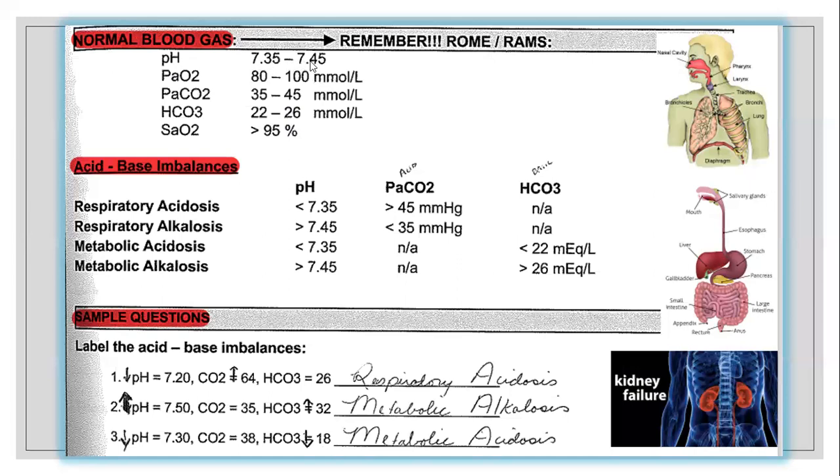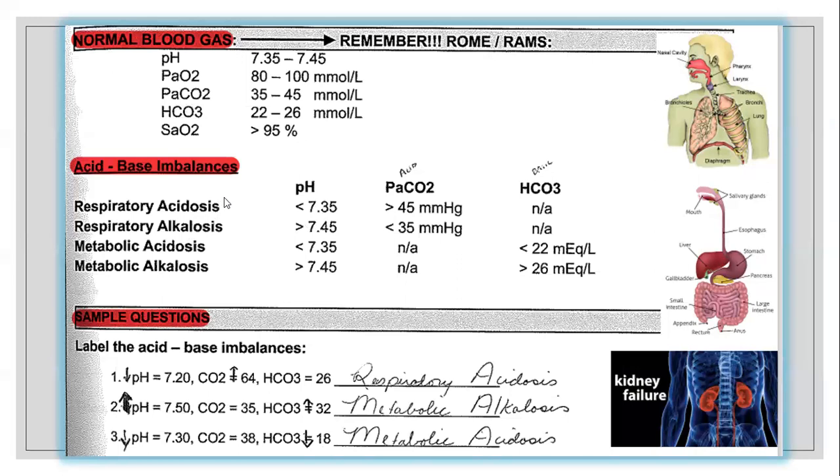If it is more than 7.45, alkalosis. And the bicarbonate ion is the indicator of whether it is a metabolic problem or respiratory problem. And the partial pressure of carbon dioxide is the indicator of respiratory alkalosis or respiratory acidosis.